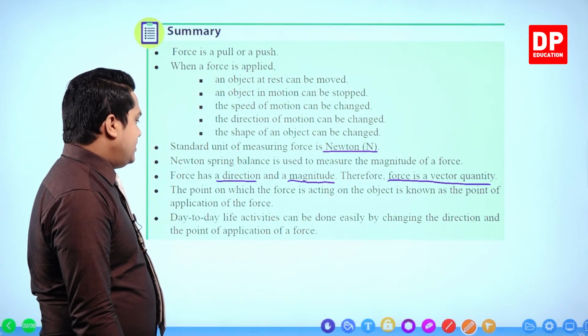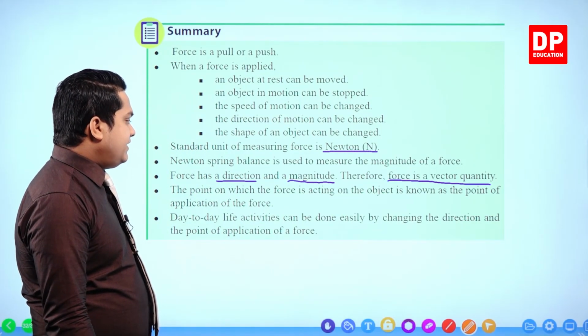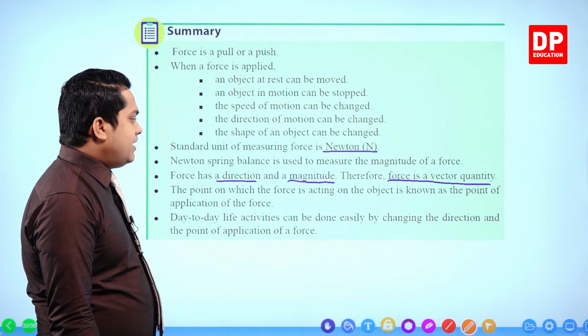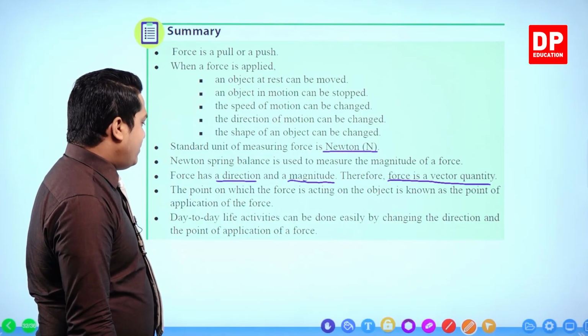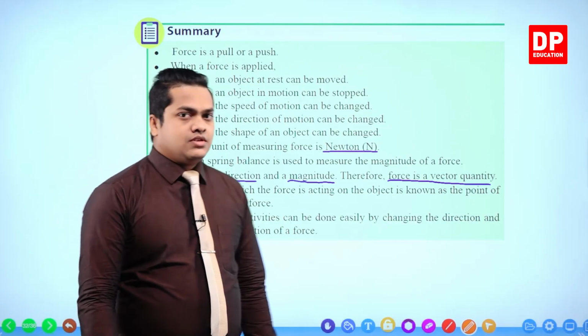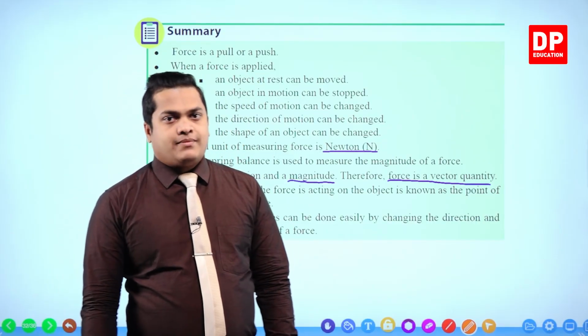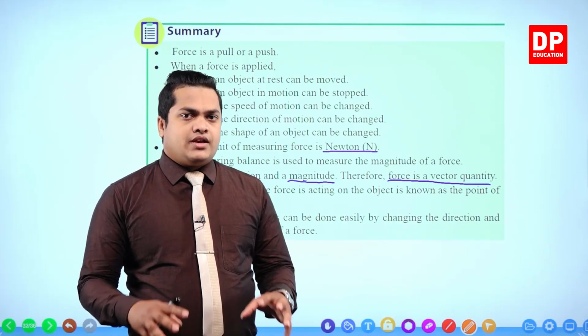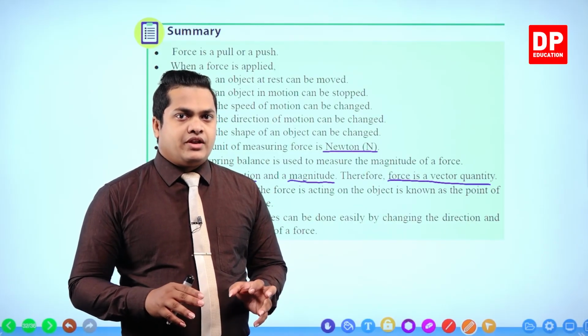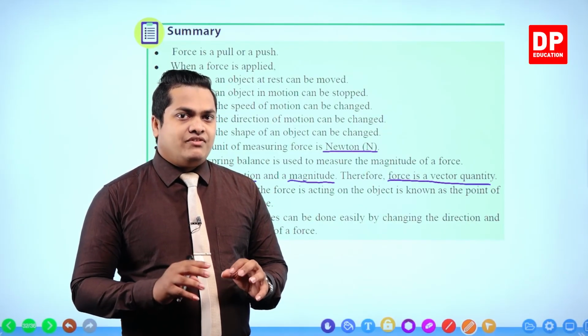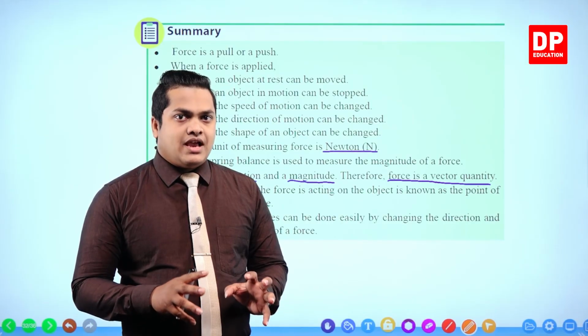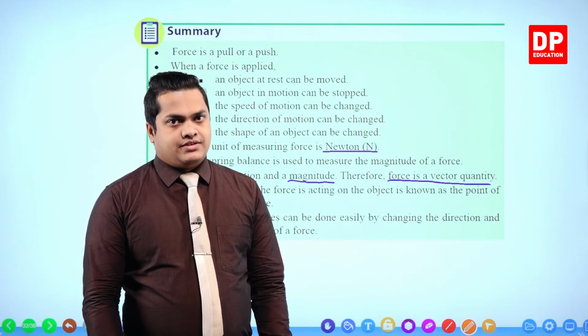Then day-to-day life activities can be done easily by changing the direction and the point of application of a force. So by changing the direction and the point of application, we can do works in our day-to-day life quite easily with less effort and minimum difficulties.